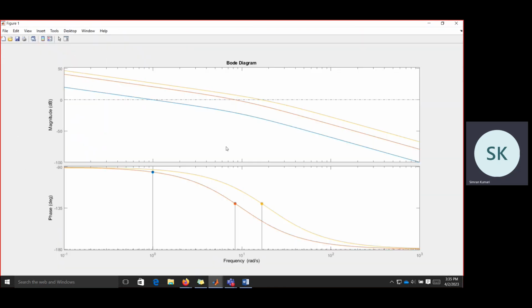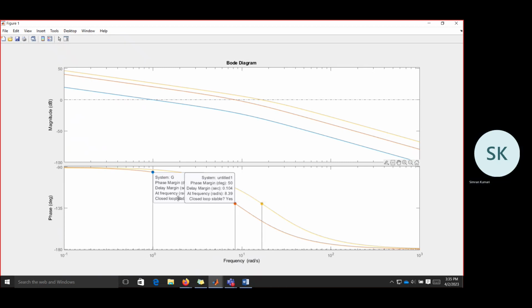I hope this is visible. Earlier, this was the phase margin for the uncompensated system. Then we increased the gain, the simple gain, and we found that we can have the phase margin at this frequency. Now we have included this lead compensator and we want the same phase margin.